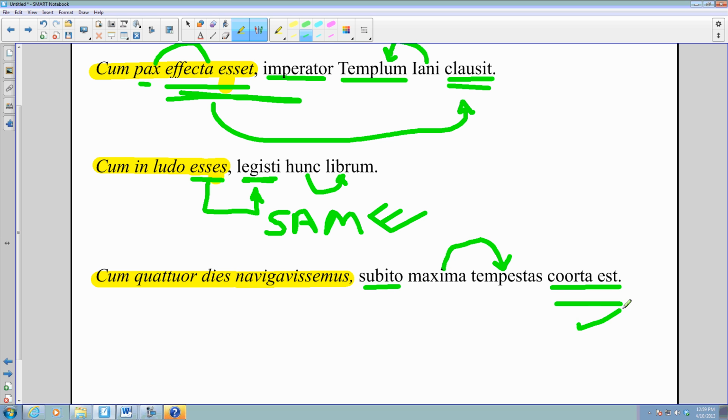Perfect tense means that this guy over here has to be translated in the pluperfect tense, because it has to happen before the main verb. So I get to the cum clause. I get another accusative of time here. So for 4 days, when we had sailed, had sailed, pluperfect, for 4 days. Suddenly a great storm arose.